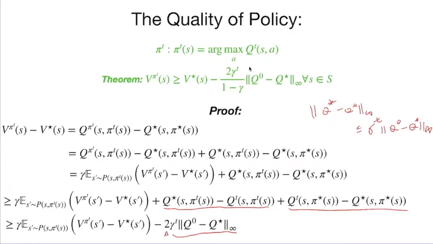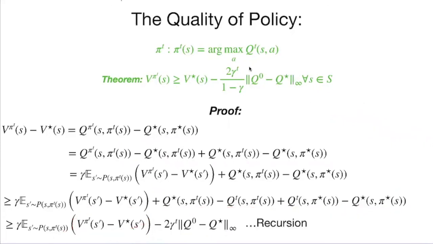The rest is to repeat this same process for Vt minus V star at the next state s prime. So just repeat. Let me do one more step to get a sense of this recursion. What would happen if you do the recursion again?